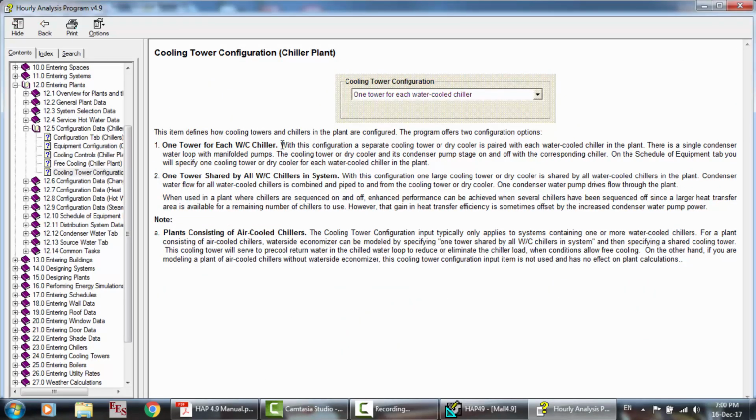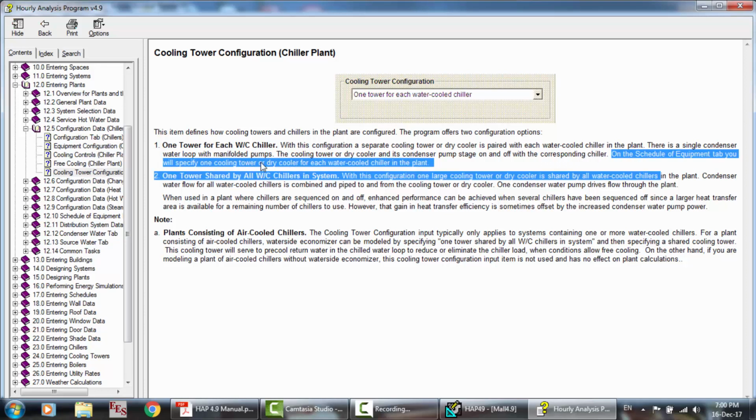With the first configuration, one tower for each chiller, a separate cooling tower or dry cooler is paired with each water-cooled chiller in the plant. There is a single condenser water loop with manifolded pumps, and the cooling tower or dry cooler and its condenser pump stage on and off with the corresponding chiller. On the schedule of equipment tab, you will specify one cooling tower or dry cooler for each water-cooled chiller in the plant.